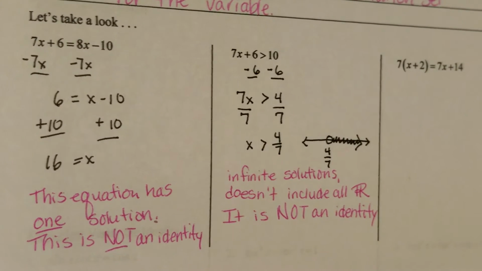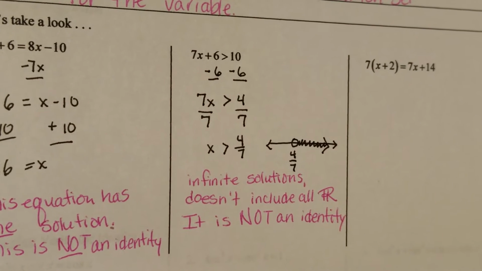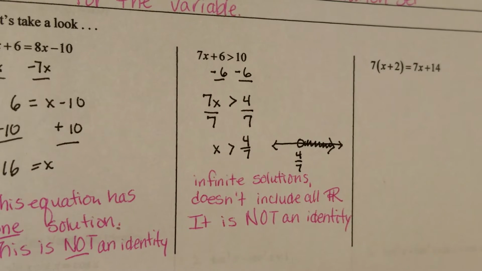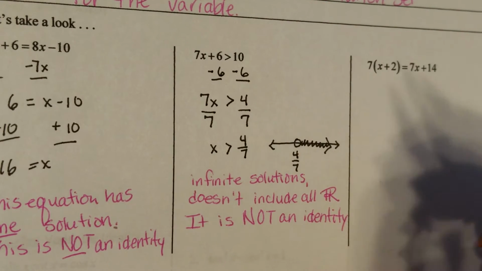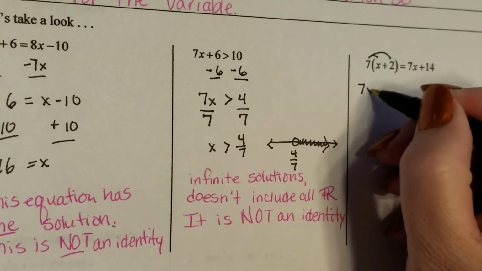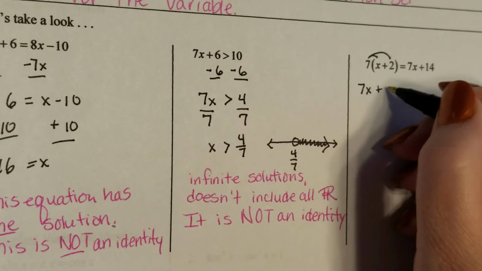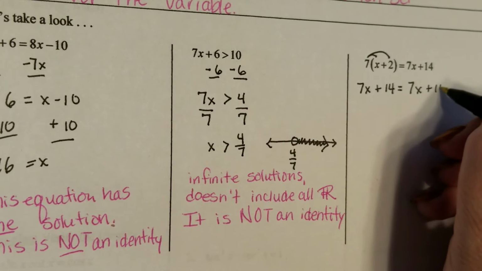Let's show you what an identity really looks like. We've got 7 times x plus 2 equals 7x plus 14. So I'm going to distribute this 7. And I get 7 times x is 7x, 7 times 2 is 14, and that equals 7x plus 14.